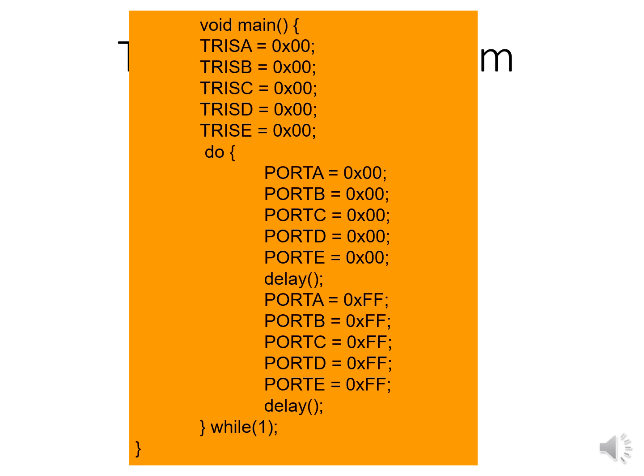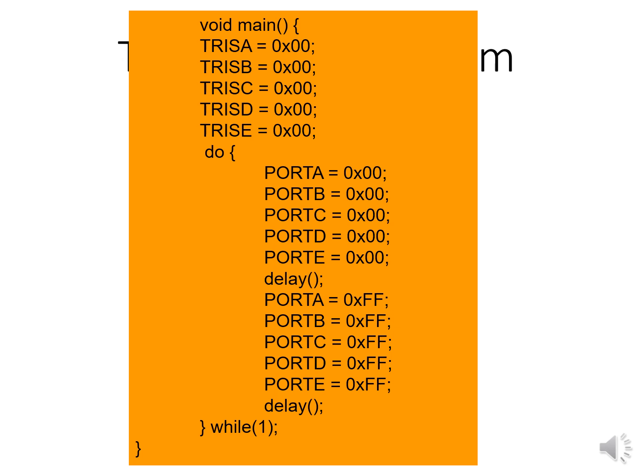All the program statements are written in the main function. We begin by configuring all the port pins as output pins. This is done by writing values 00H to the TRIS registers. The continuous flashing of the port pins is achieved by means of a do-while loop.